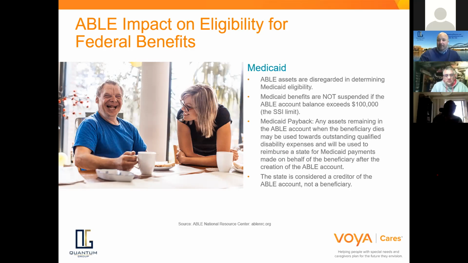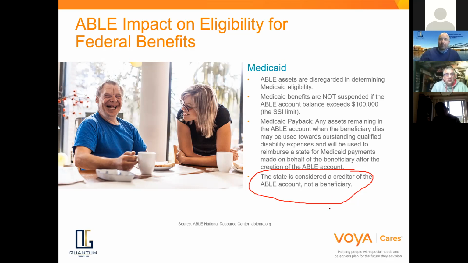One thing to understand is the state of Wisconsin is considered a creditor, not a beneficiary. So when the beneficiary of the account passes away, the money doesn't disappear. The money is owned by the beneficiary's estate. So in essence, the state will be the very last to have access to funds.